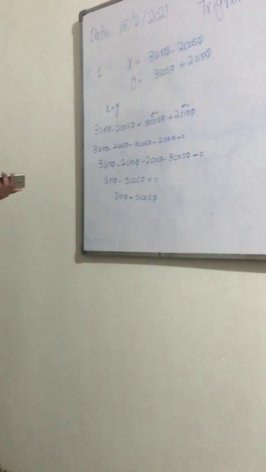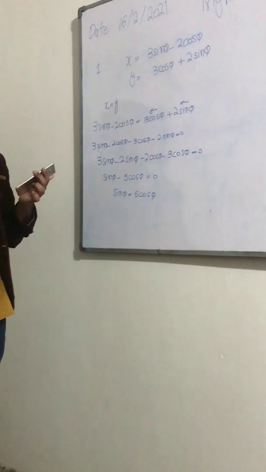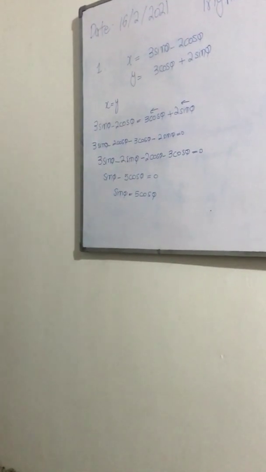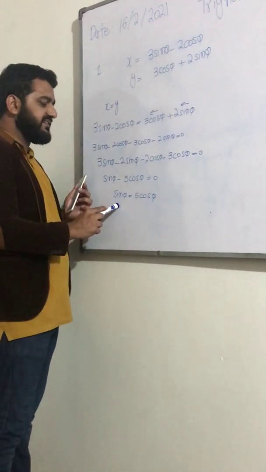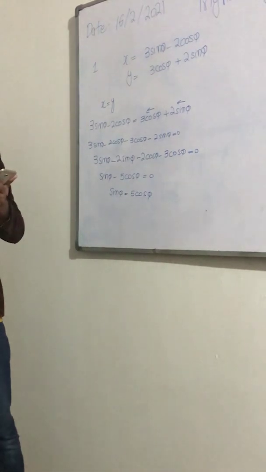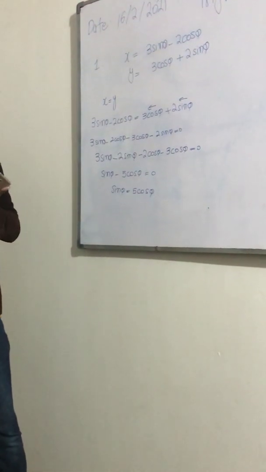Okay, so can anyone of you guess what will be the next step? Beta, basically there are two different terms in this equation. One is sin theta and another is cos theta. You cannot solve it unless you have a single term.